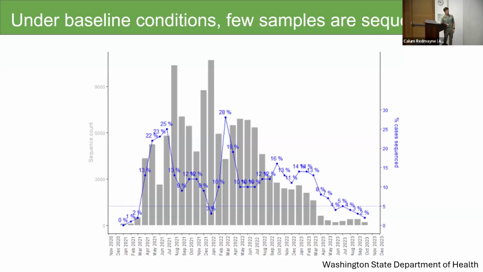You can see this is from here in Washington State. It's a little bit out of date now, but this is the last time that they were putting numbers up as to how often they were sequencing. You can see that during the main parts of the pandemic, there were very high sequencing rates, lots of sequences being generated, and by the end of 2023, that peters off, and there's very little being sequenced.